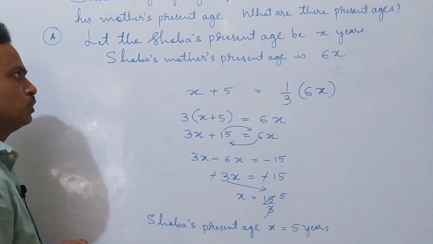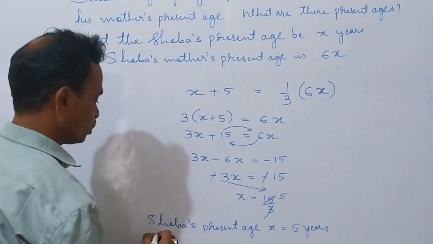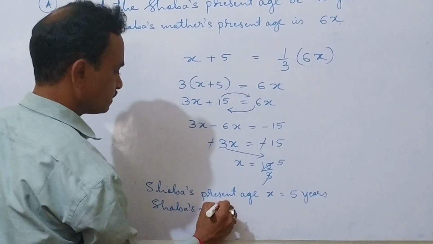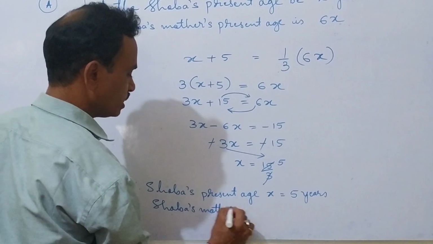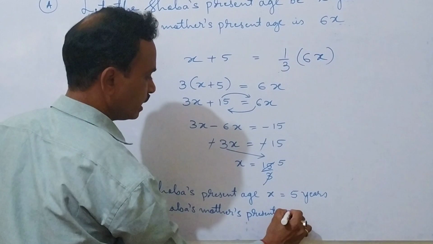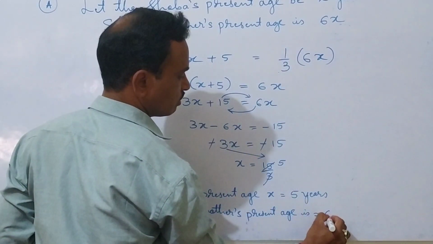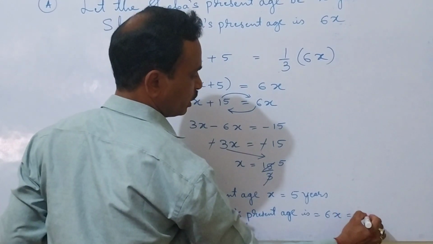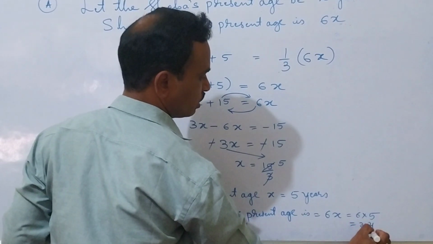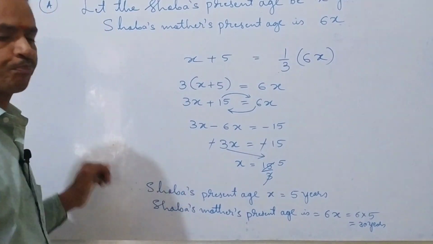Then what about Shobha's mother's present age? 6X is there. So Shobha's mother's present age is 6X. 6 into 5, 6 5s are 30. So 30 years.